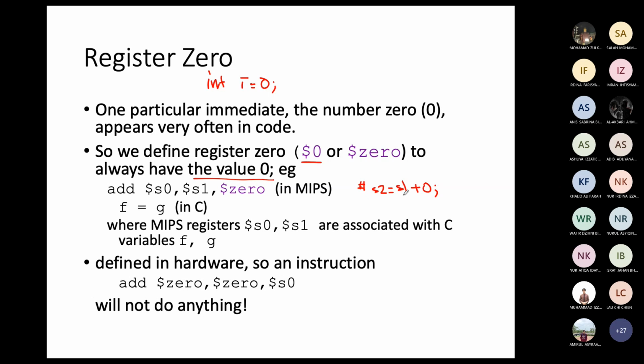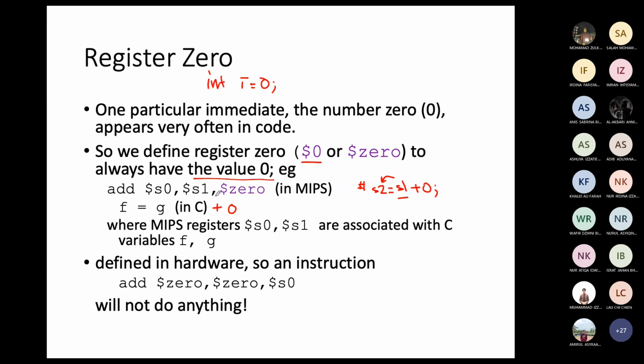So you just want to copy the value in S1 to S0, thus F is equal to G. In fact, there's an implicit plus 0 in MIPS. So you can do it like this: add S0, S1, register 0 to initialize the content of S0 with the value of S1. Here F is referred to as S0, and G is associated with S1.